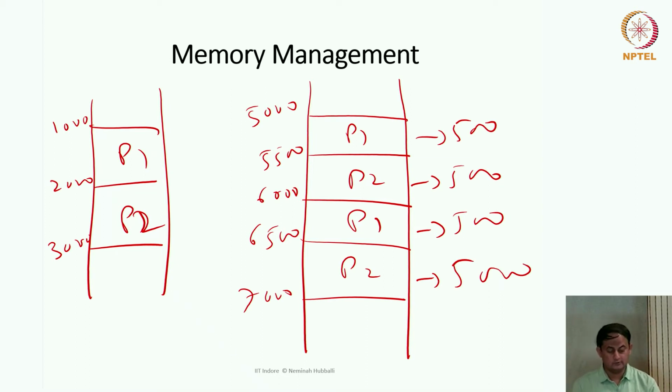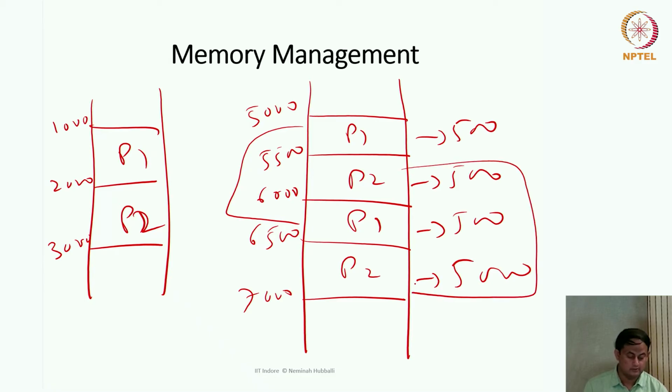So the 1000 bytes required for process P1 is allocated in two chunks, one here and the second one here, and similarly the 1000 bytes required for process P2 is allocated here and here.